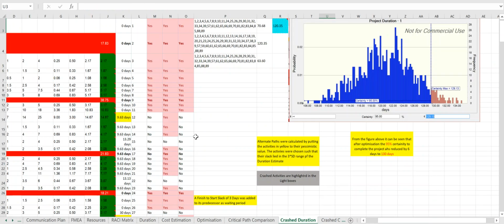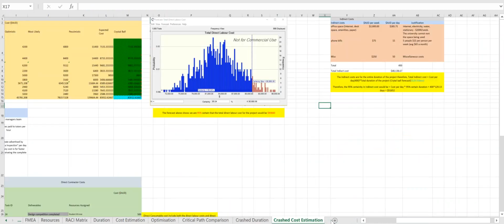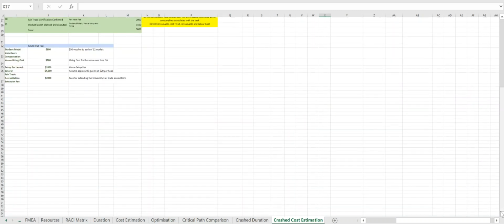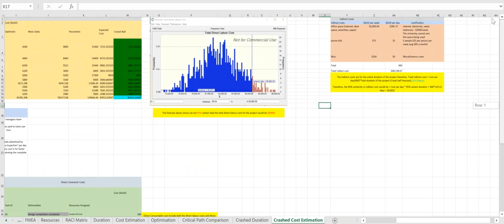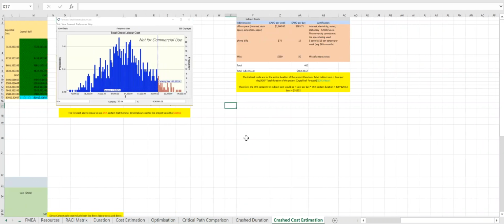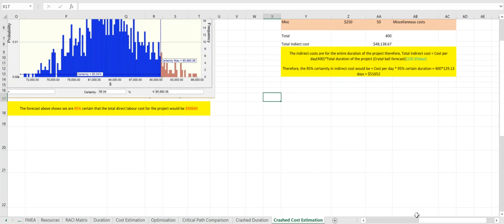Now we're getting on to the crashed, and we're looking at the crash duration. We've got the Excel sheets here. Now we're going back to the crash material, and looking at the graphs. I'll just try to find that for you on the screen, just where the graph is.